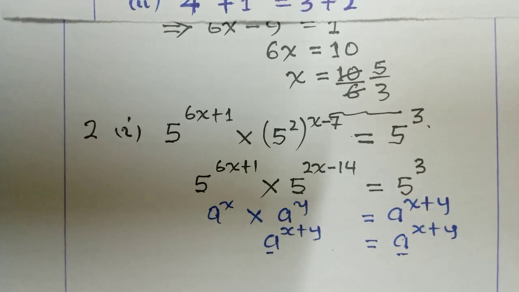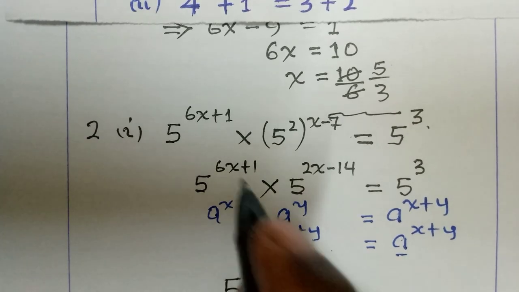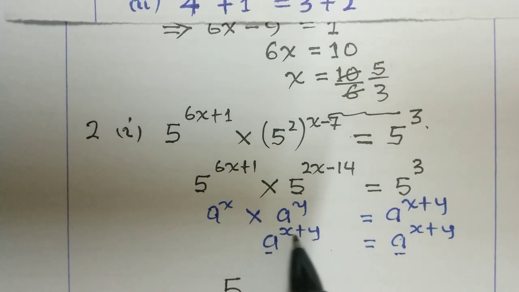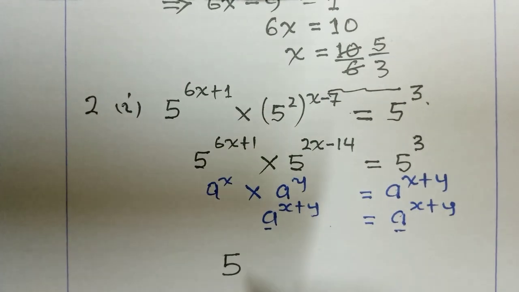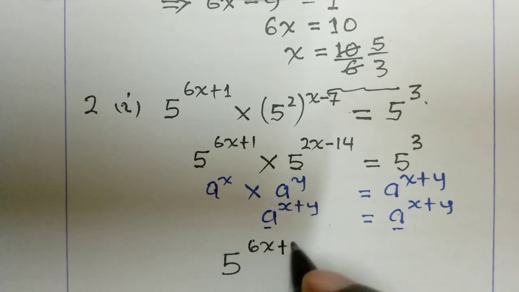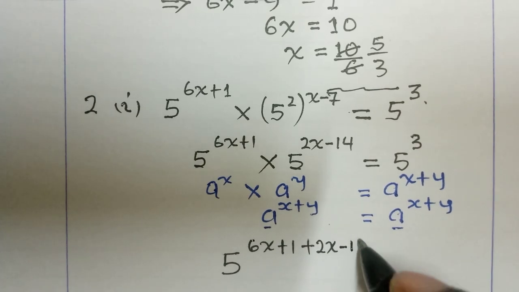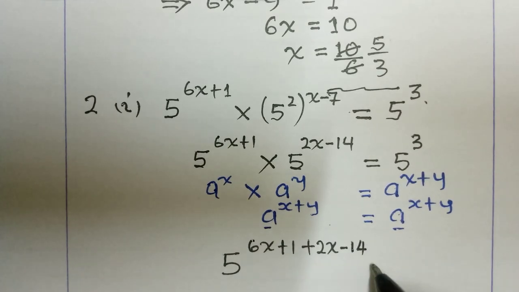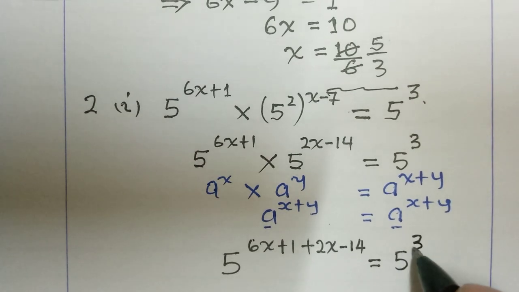And so I will come and write 5. Then I can now add, the way I have added x plus y, I can now add 6x plus 1 plus 2x minus 14. This one now gives us 5 raised to 3.